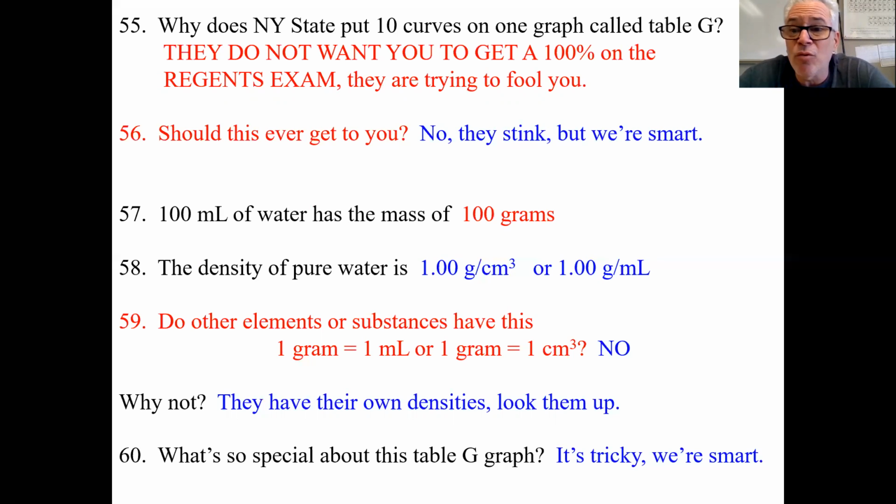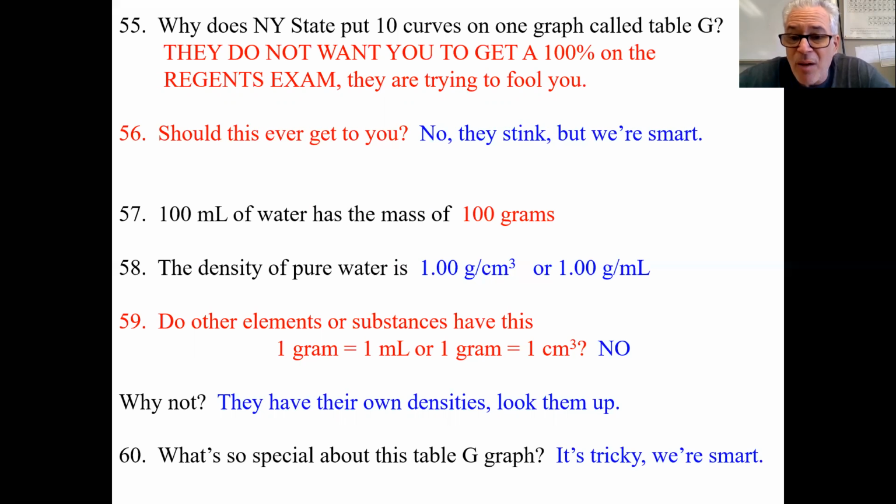A centimeter cubed equals a milliliter. Do other elements or substances have this 1 gram equals 1 mL or 1 gram equals a centimeter cubed? No, they don't have the same density. The density of water is 1 gram per mL, and that's equal to 1 gram per centimeter cubed because a centimeter cubed and an mL are the same. No other elements, no other compounds that I know of have exactly the density of 1.0. Why not? Because they have different densities.